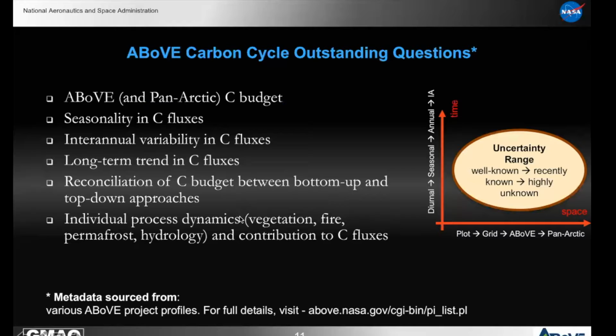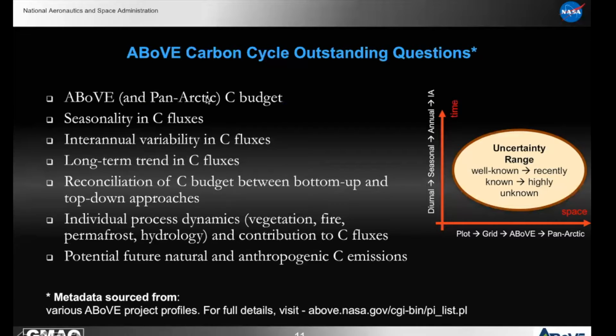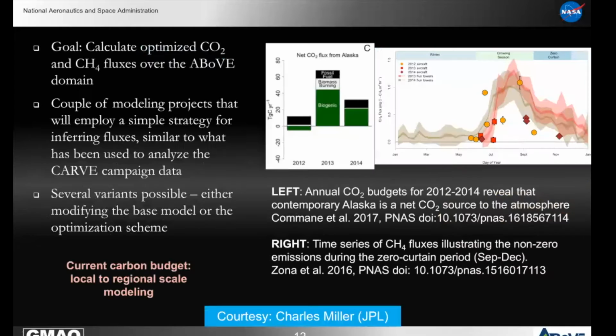We also need more knowledge and understanding of the individual process dynamics and how they relate to carbon fluxes. And then, of course, the big question is what is going to be the trajectory of future natural and anthropogenic carbon emissions. So for a lot of stuff within this list, we know them at certain scales, but for a lot of the other spatial and time scales, we actually do not have a clear answer.